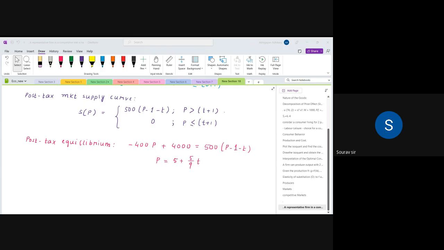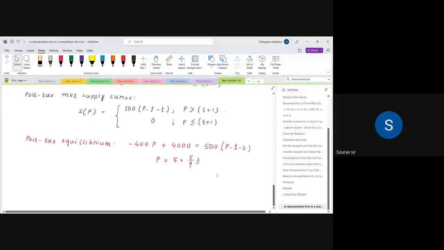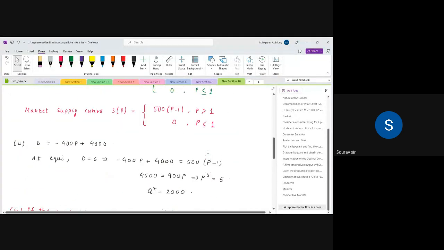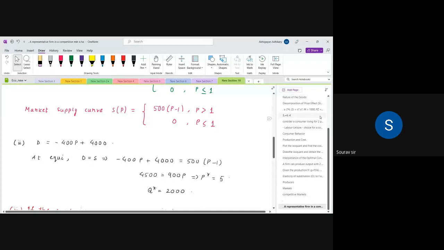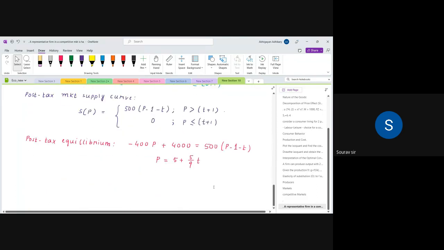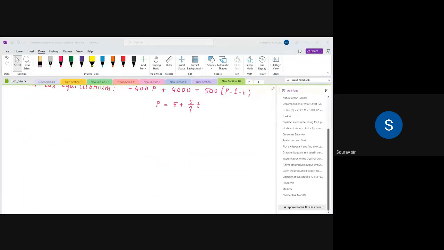It is rising by 5 by 9 T. If you scroll up and check, in the pre-tax scenario our equilibrium price was 5. In the post-tax scenario, it is 5 plus 5 by 9 T. So although the producers are being taxed at the rate of T, the market price does not increase by T directly. It is 5 by 9 times T.